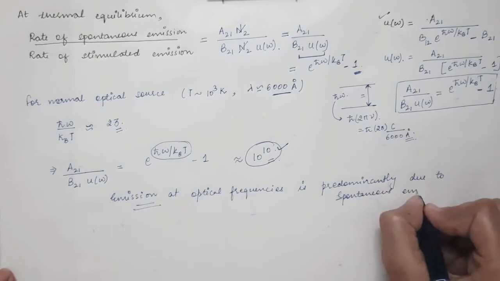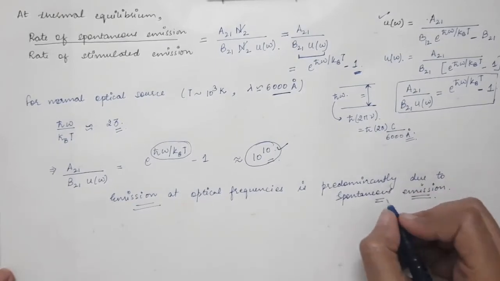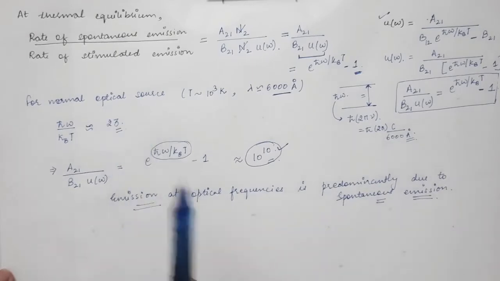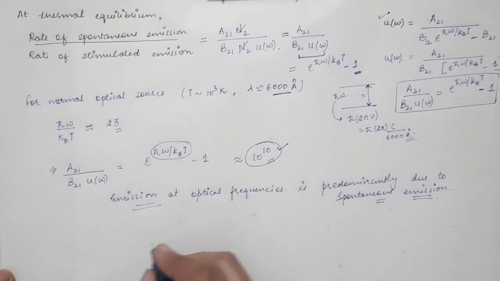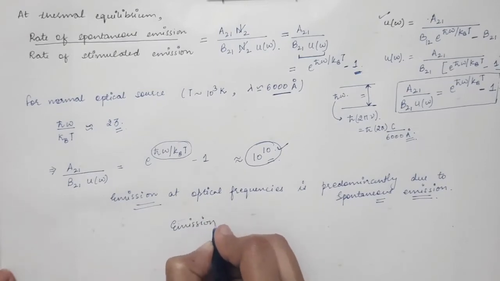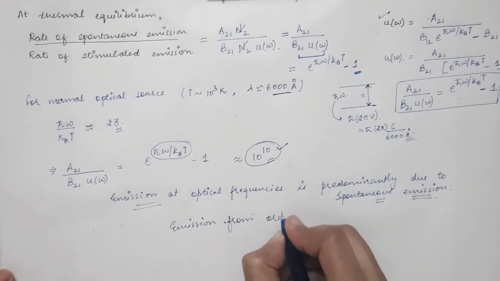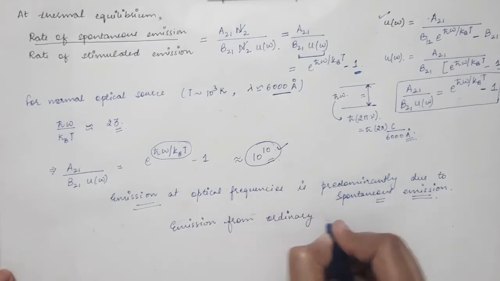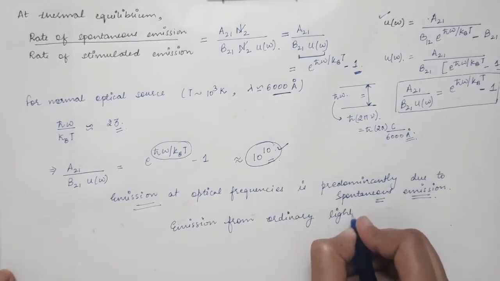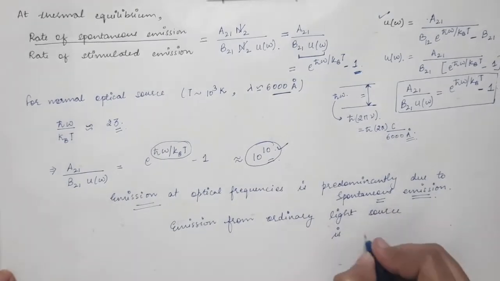So there is more spontaneous emission occurring as compared to stimulated emission when we are using normal optical sources. Therefore, the emission of light from an ordinary light source is incoherent.